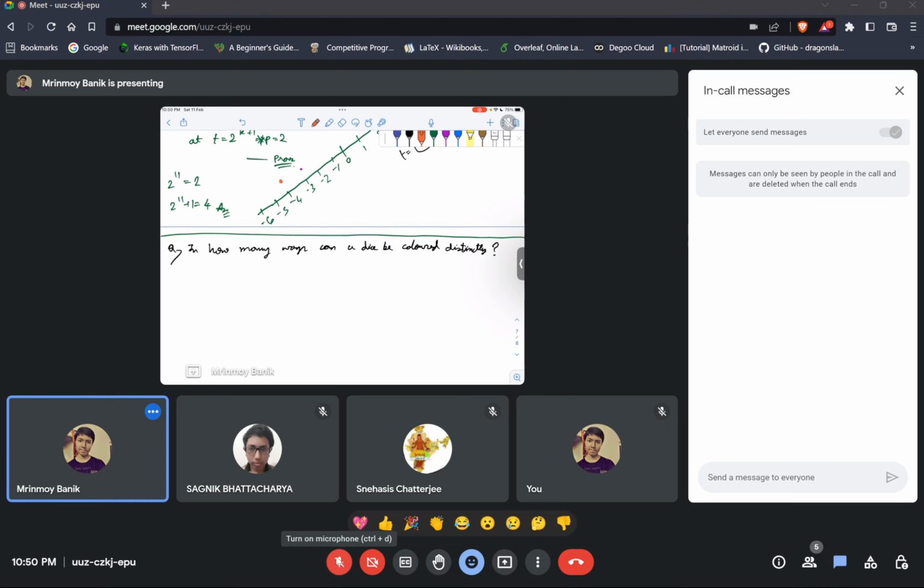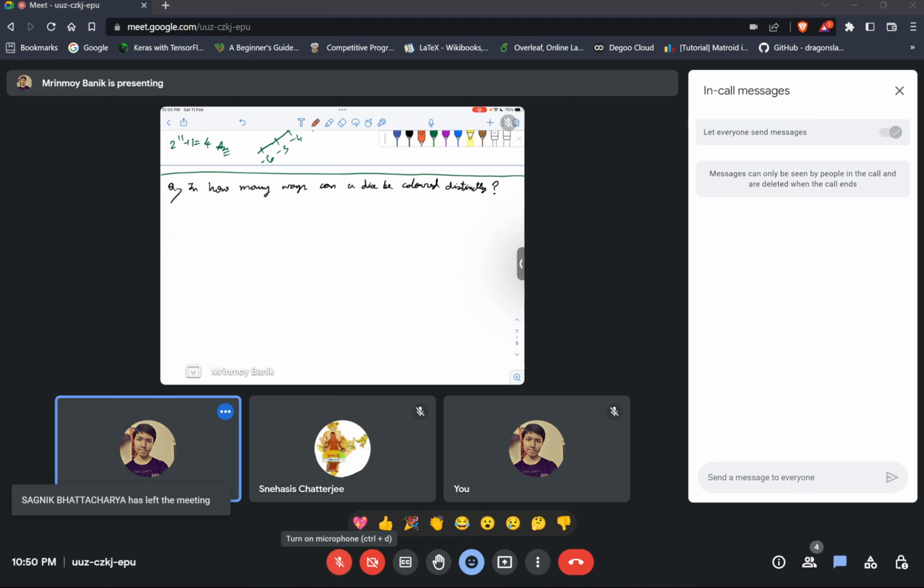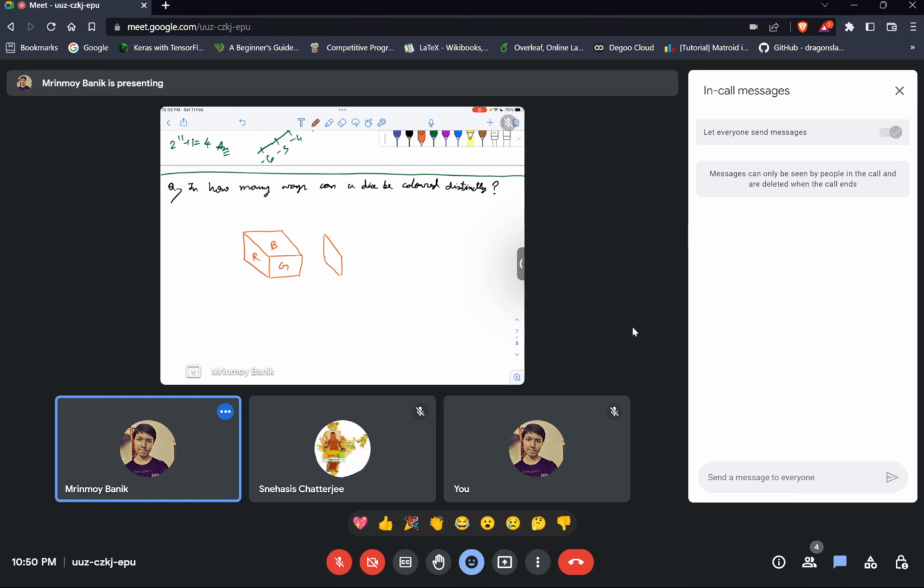For example, these two colorings are certainly distinct, since here the red and blue are adjacent sides, and here they are opposite, right? So that just makes them distinct.